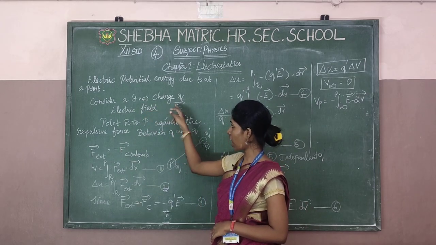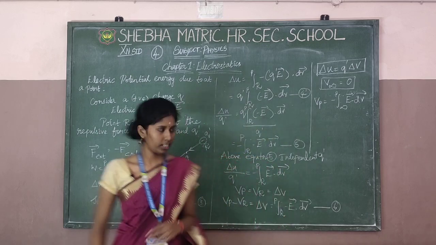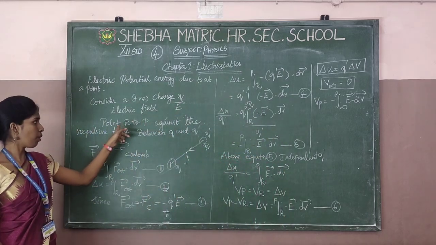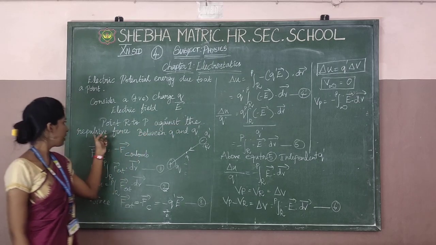Consider a positive charge Q and the electric field E vector. Moving from point R to P, a force is applied against the repulsive force. For the diagram, there is a positive charge Q and a negative charge Q dash. The external force applied is against the repulsive force.